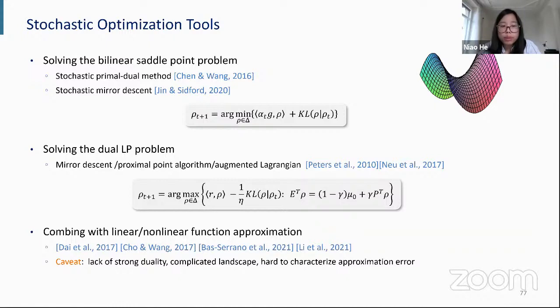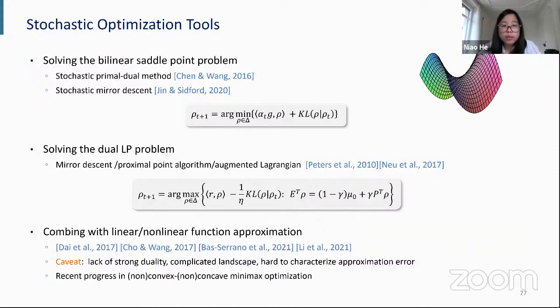There will be many more stationary points or saddle points rather than just the global optimal solutions. And it's slightly harder to characterize the approximation errors because here you are basically relaxing the constraints with function approximations. So this is slightly different also from the value-based methods.